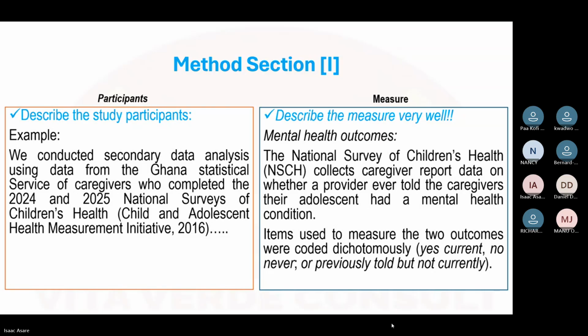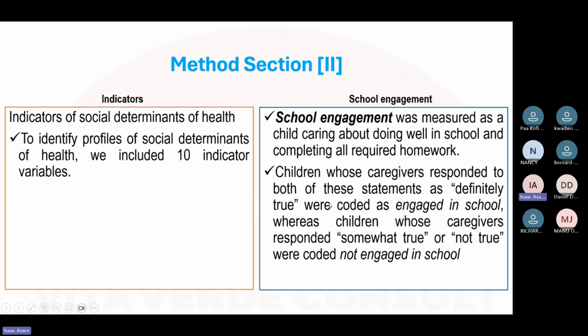Okay, so let's take notes. Now, the second one is the indicators. So the indicators of, let's say, social determinants of health. Let's say it says, to identify the profile of social determinants of health, we included 10 indicator variables.